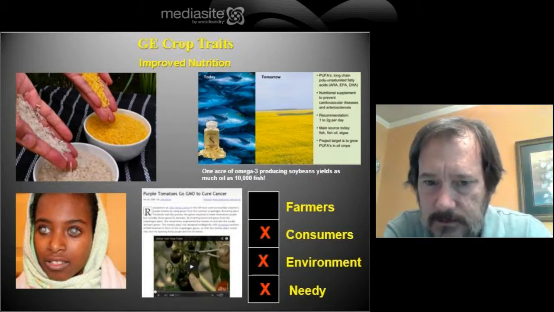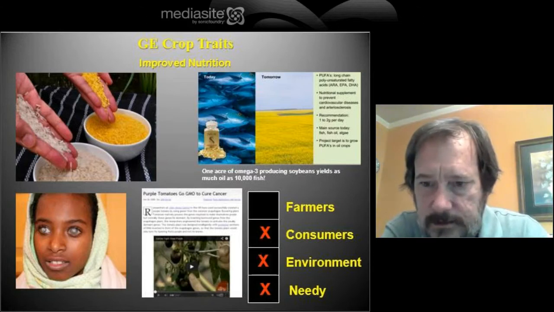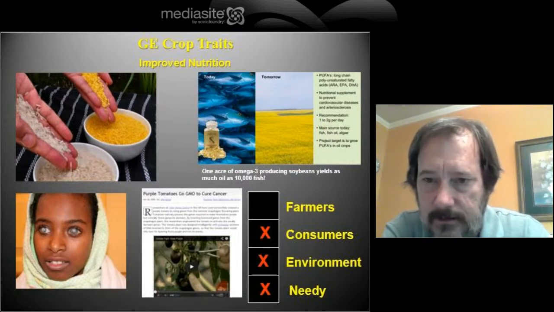I think this one's particularly interesting because not only is that improved human nutrition, but they're also looking at this to feed salmon farming, because salmon don't make their own omega-3s, so it's important that they have it in their diet.